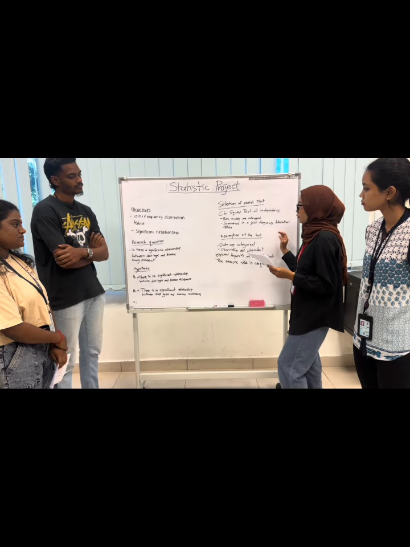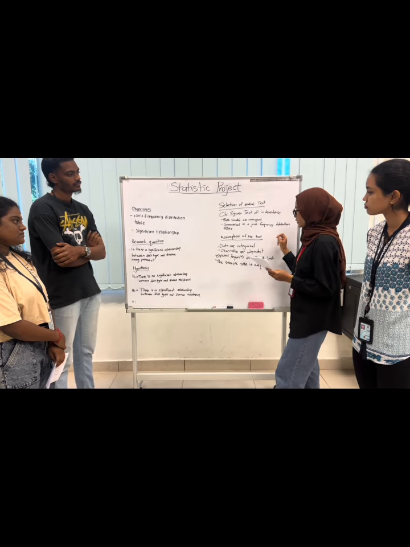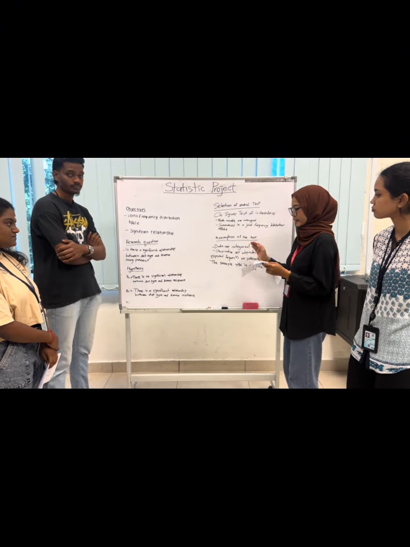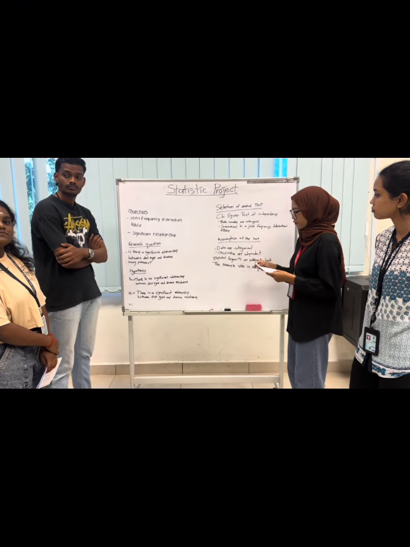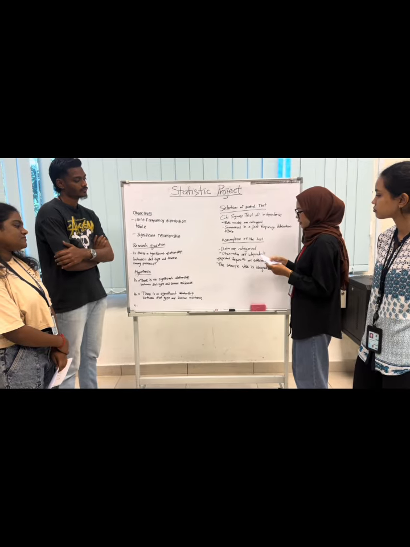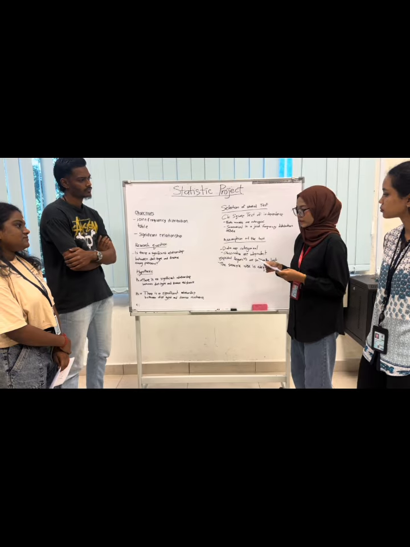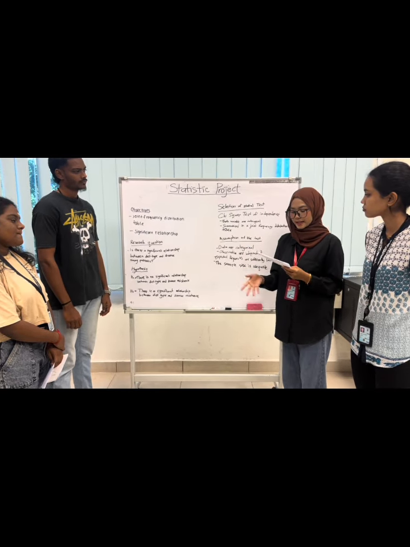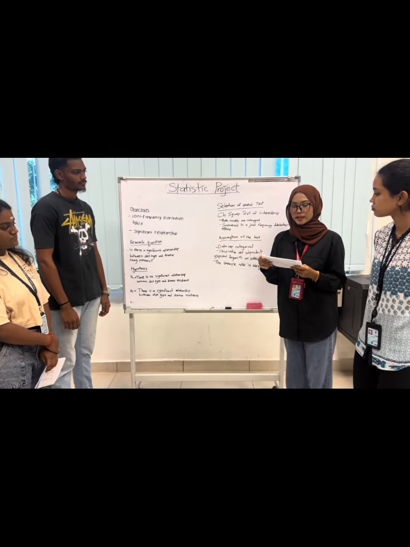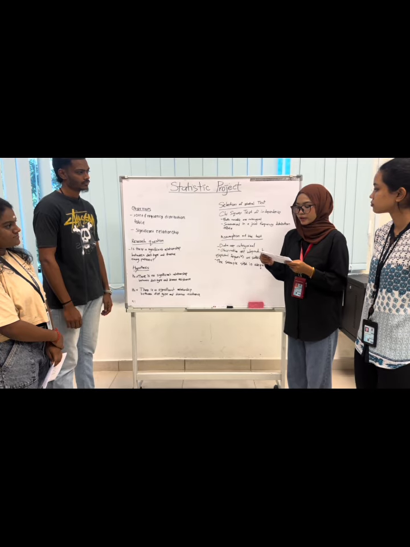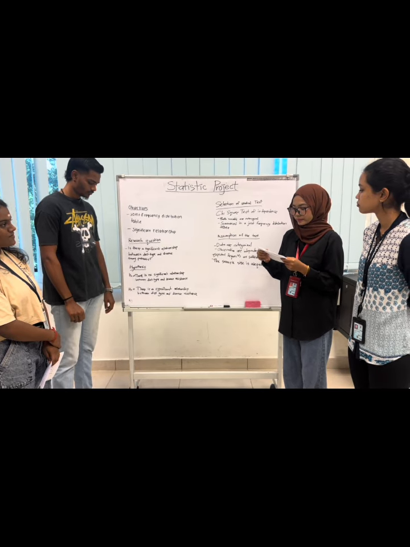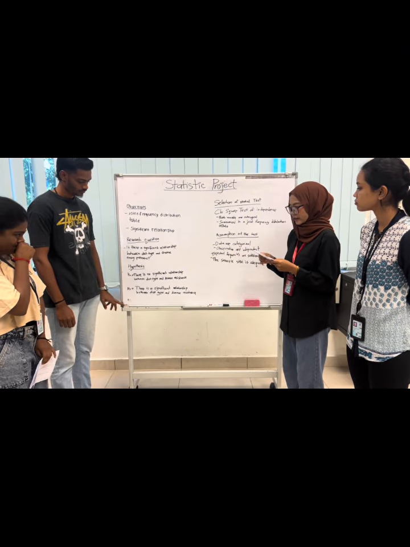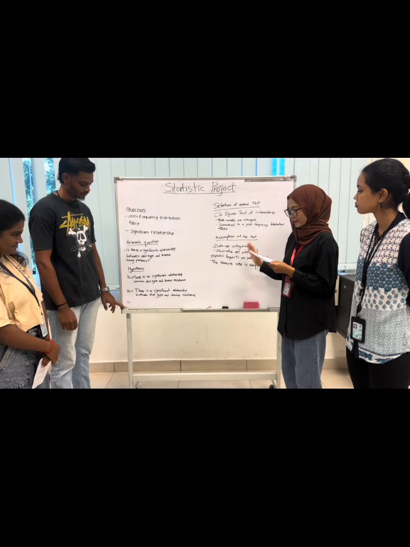The last part of my explanation is the assumptions of the test. Before conducting this test, we must check the assumptions. The assumptions of the chi-square test of independence are: the data are categorical, which is satisfied as both variables are categorical. For observation independence, each patient is counted only once.